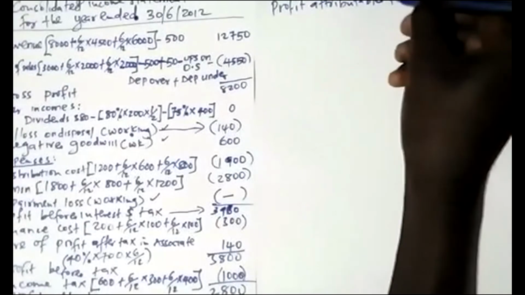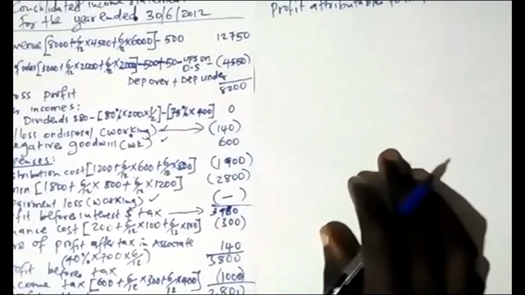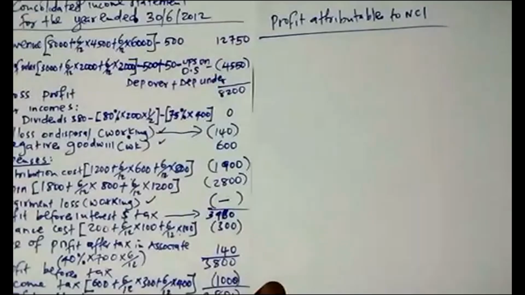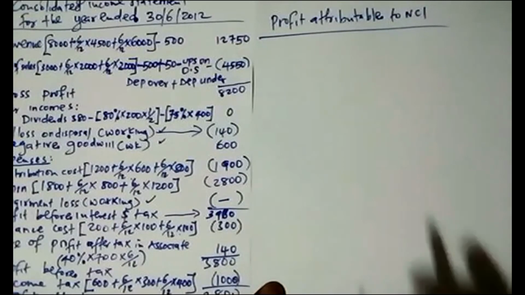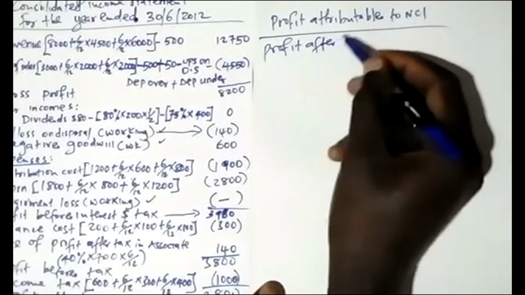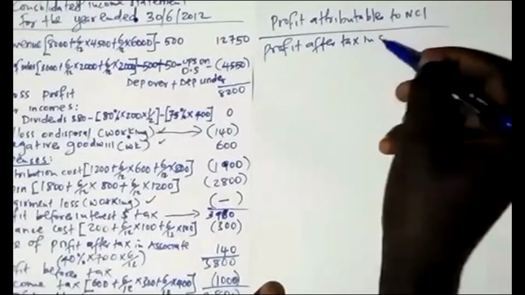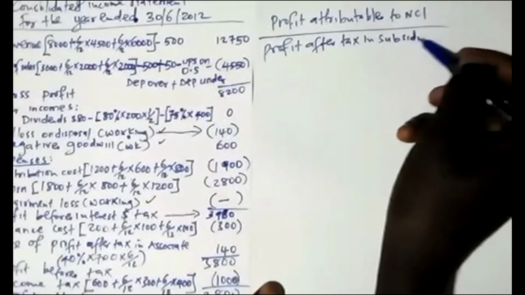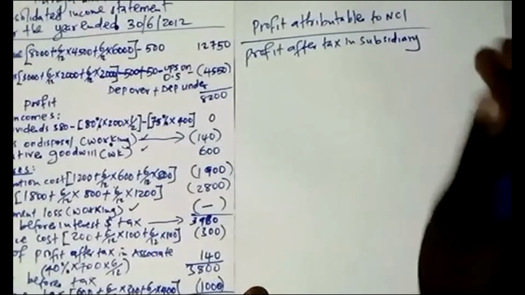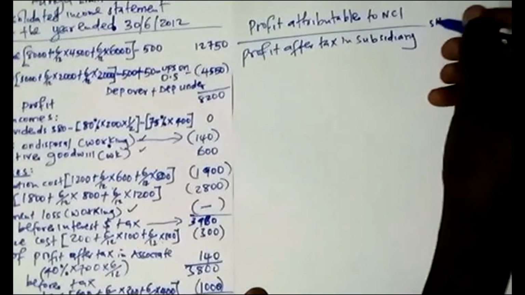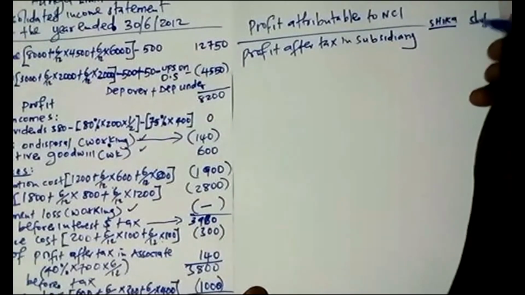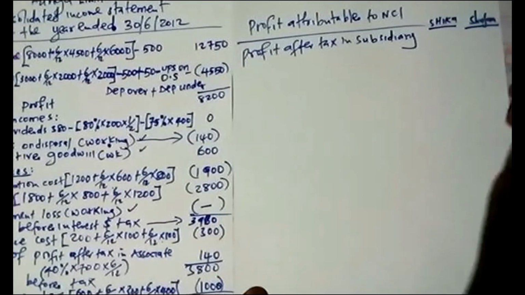In order to get this, you have to adjust the profit after tax in subsidiary. And we know that you have two subsidiaries: Shika for the first 6 months and Shuja for the last 6 months.